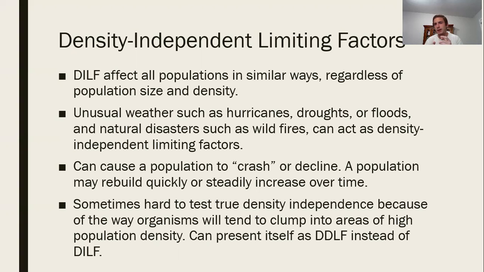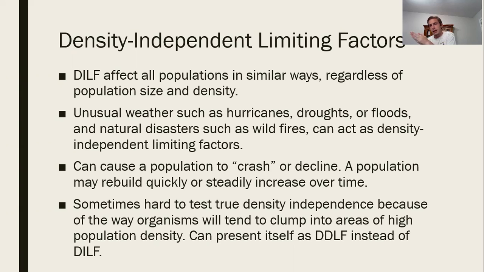And then that kind of goes back to primary and secondary succession. We see that this can cause a population to crash or decline. The population may rebuild quickly or steadily increase over time. The population that rebuilds quickly is going to experience that secondary succession we talked about in chapter 4.